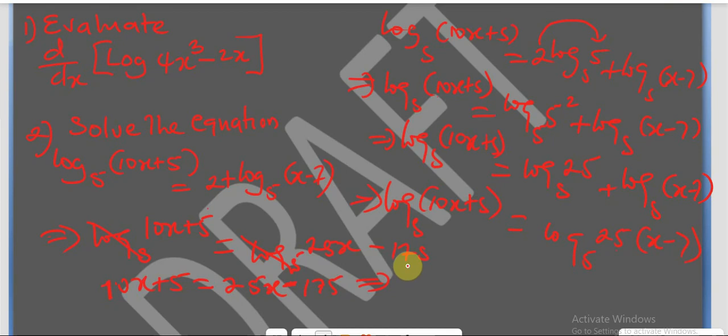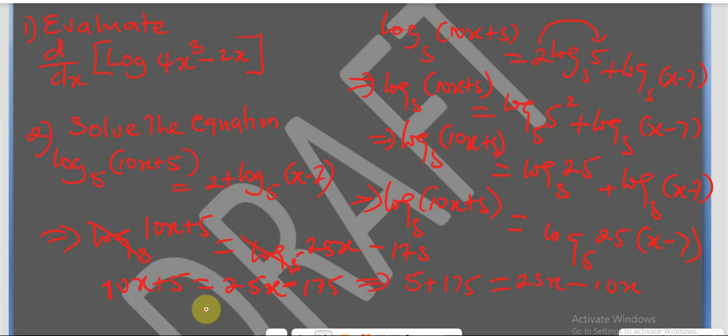This 5 and minus 175 are like terms. So 175 is going to cross over the equal sign to become plus 175, then 25x is still here. Then 10x is going to cross over to meet it and become minus 10x.